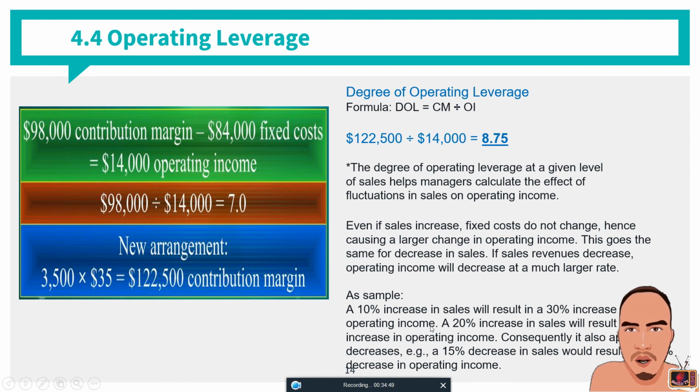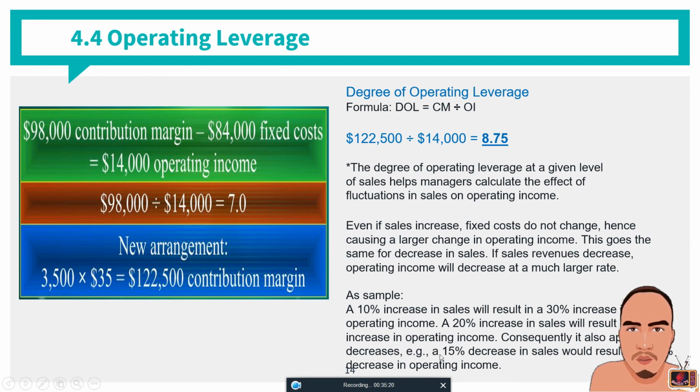Again, with a degree of operating leverage of 3 as a sample, if you have a 20% increase in sales, it will result in a 60% increase in operating income. Consequently, it also applies to decreases.